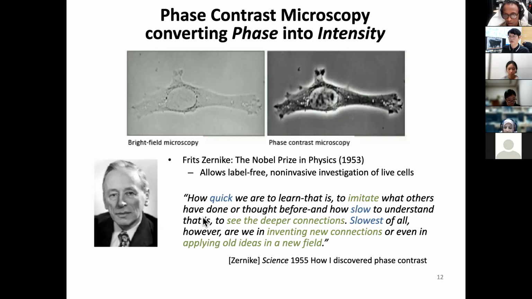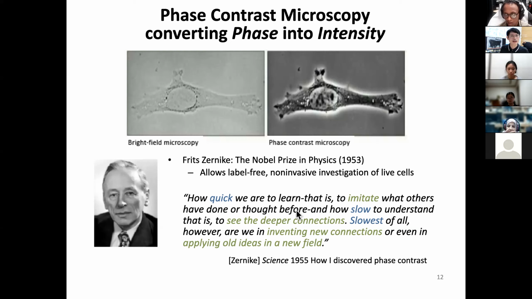What he said is: how quick we are to learn, that is, to imitate what others have done or thought before. While we are studying, we are learning what others have done. So the first thing, of course, is to imitate. You imitate things people have done. You imitate your boss, how they show things.